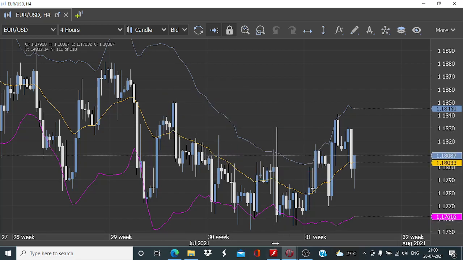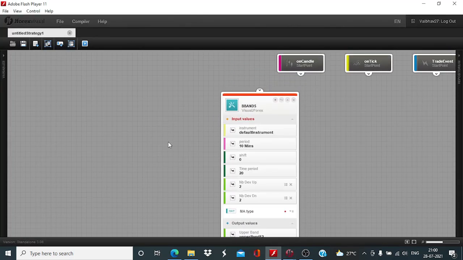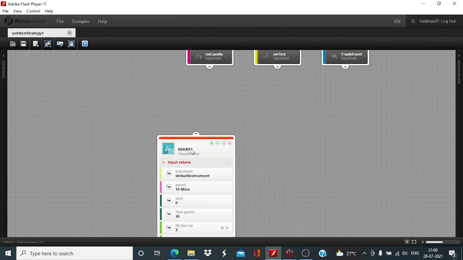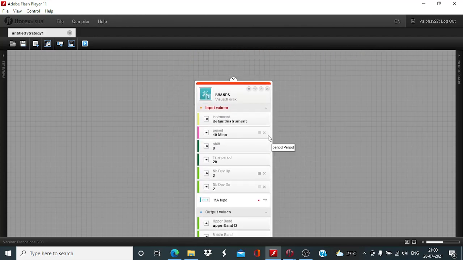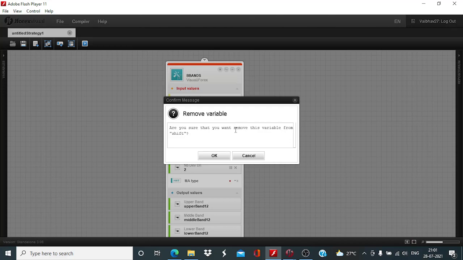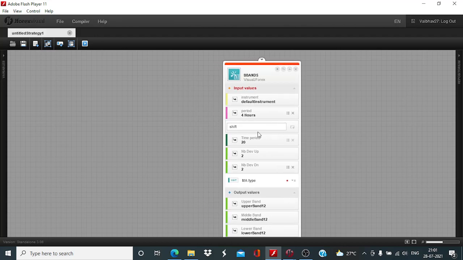So now we head back to the Visual JForex board, and I will need to change these blocks' candle period to 4 hours, and shift value is also going to be changed to 1.